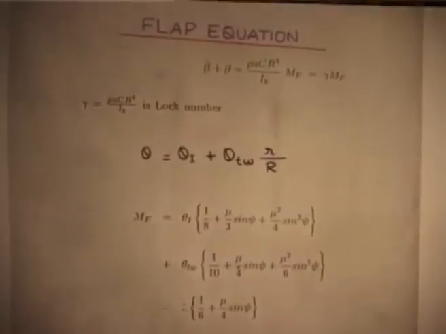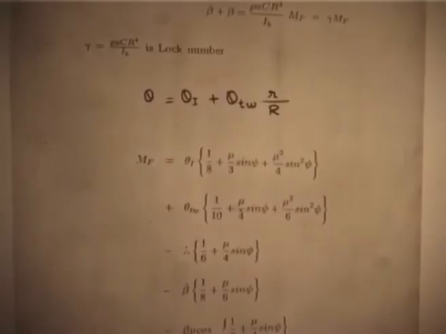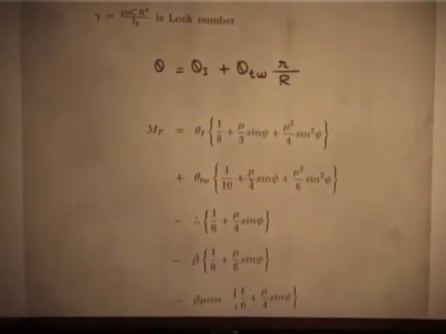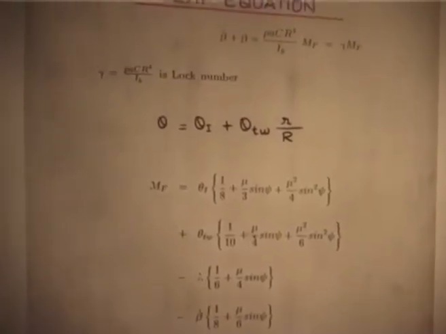Okay? When you put everything on one side, your equation will be beta double dot. Maybe I'll write that, then you will be able to see clearly how it looks.